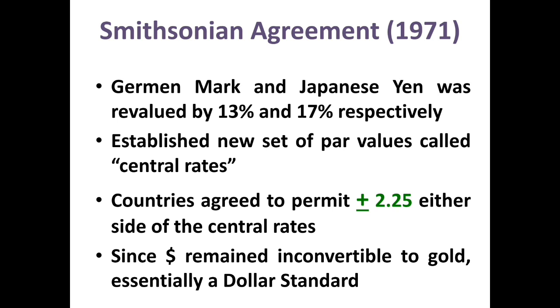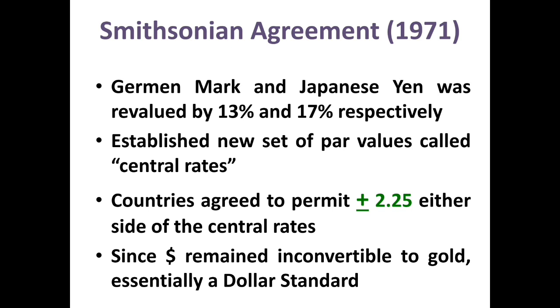The two countries experiencing a surplus in their balance of payments, namely Germany as well as Japan, had their currencies revalued by 13 and 17% respectively. A new set of par values, known as central values or central rates, was established in the agreement, and countries agreed to greater flexibility of plus or minus 2.25% on either side of the central rates.